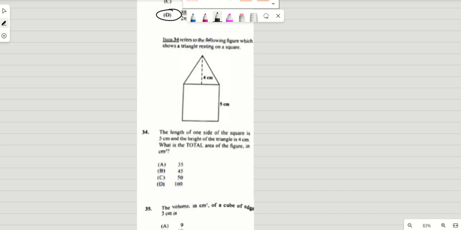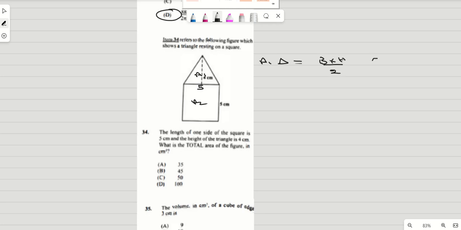Number 34 refers to the following figure, which shows a triangle resting on a square. The length of one side of the square is 5 centimeters. The height of the triangle is 4. What is the total area? So we have A1 and A2. First off, A1 is a triangle. We know that is base times height all over 2.